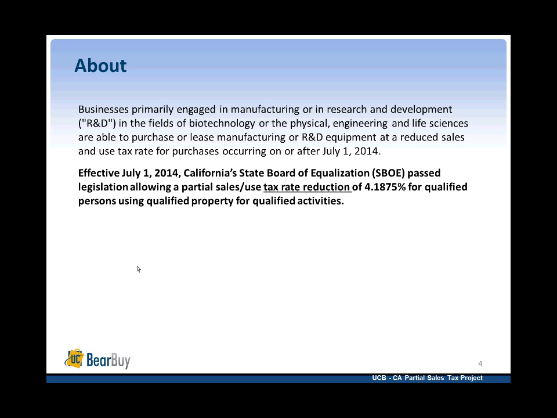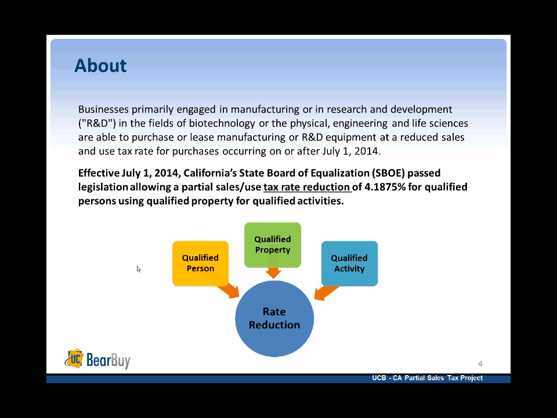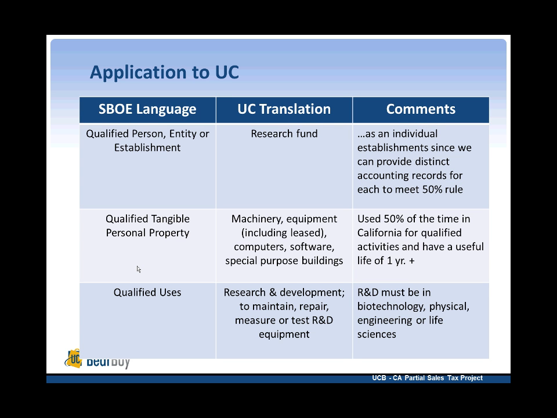Okay. So again, in order to get this reduced rate, it has to be a qualified person purchasing qualified property used for qualified activity. So what I'm going to do in the next slide is just explain what qualified person, property, and activity mean for the UC. So when it comes to UC, when we're talking about the qualified person, entity, or establishment, we're mainly looking at the research funds.